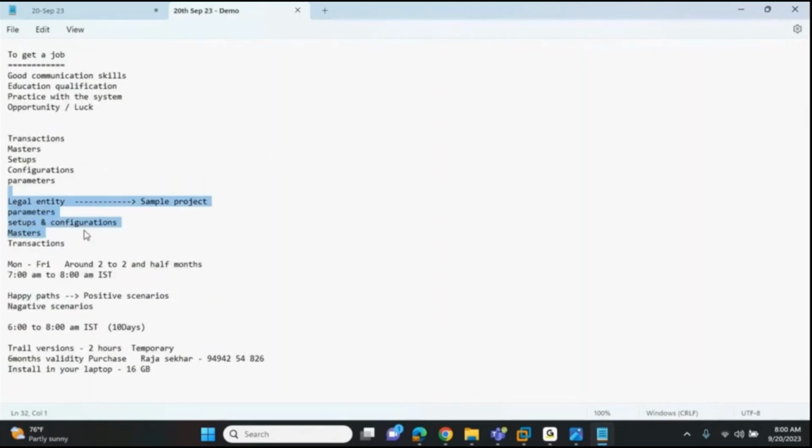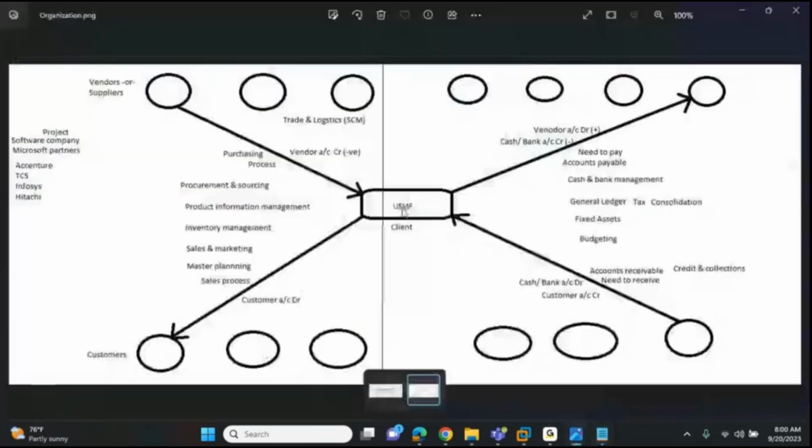That is your task. Legal entity creation, sample project, parameters, setups, configurations and masters are your duty. Transaction is not your duty, but you need to learn it so that you can guide the business users.